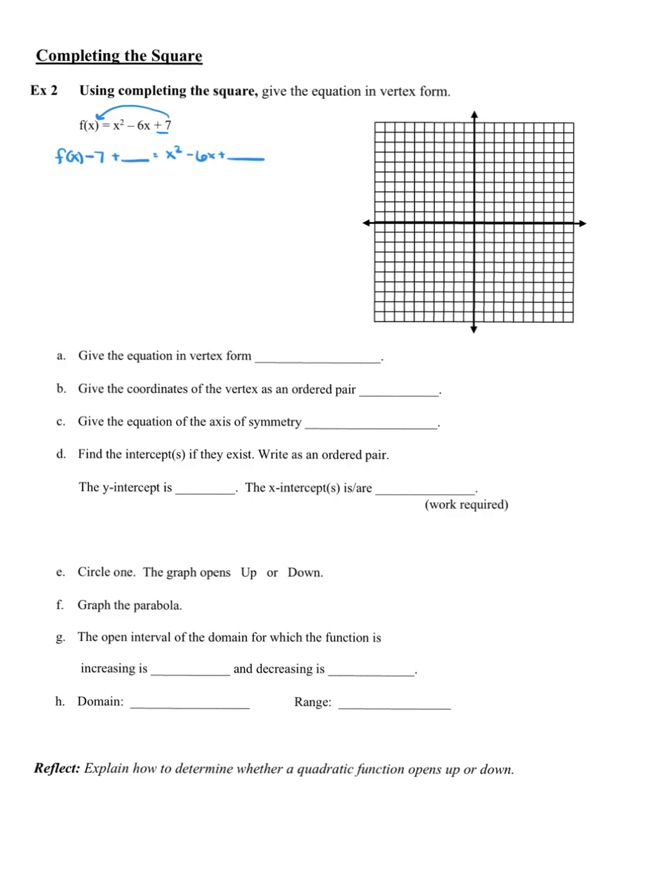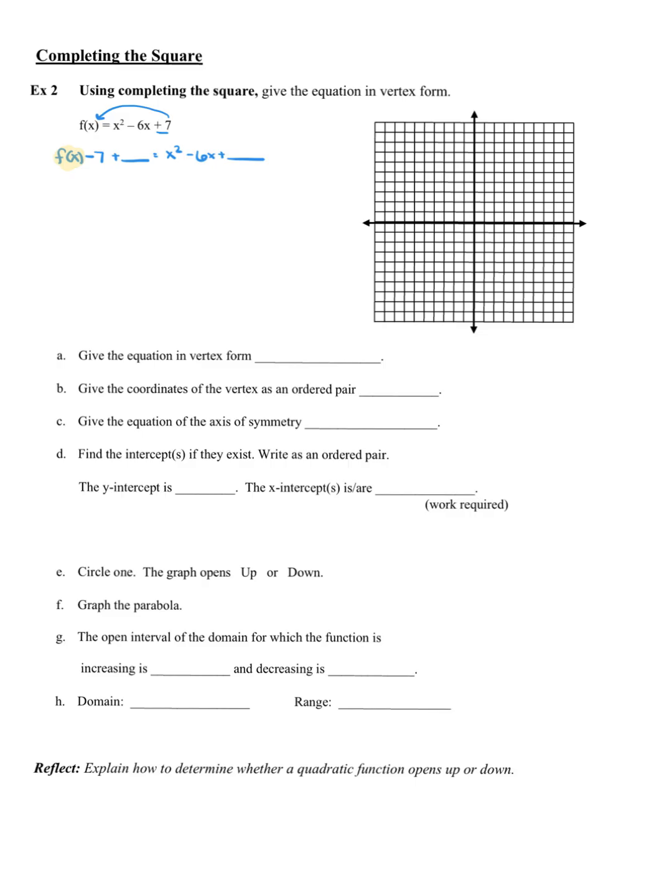Alright, it is important that you don't lose your f of x. If you want to change it to a y, that's okay, but it shouldn't get lost. It shouldn't be set equal to 0, because setting it equal to 0 is finding the x-intercepts, and that's not what we're doing. We're converting it to a different form of an equation. Okay, so don't lose your f of x.